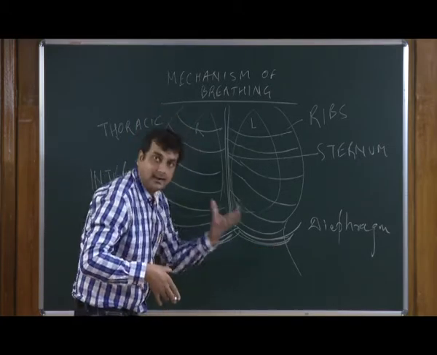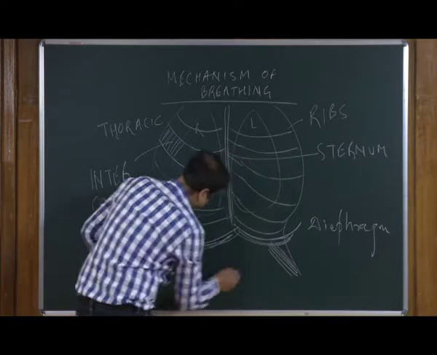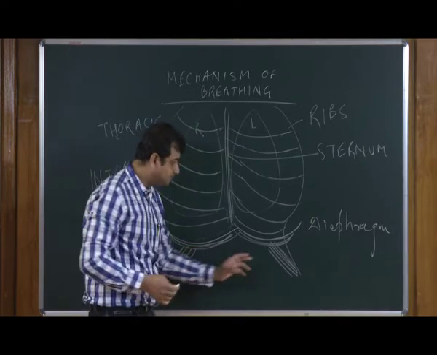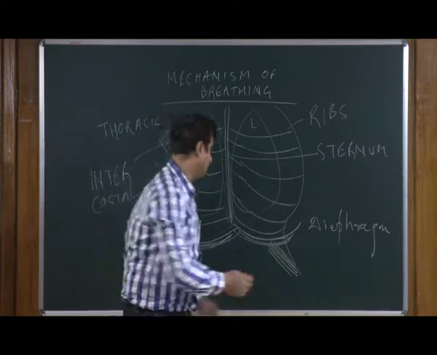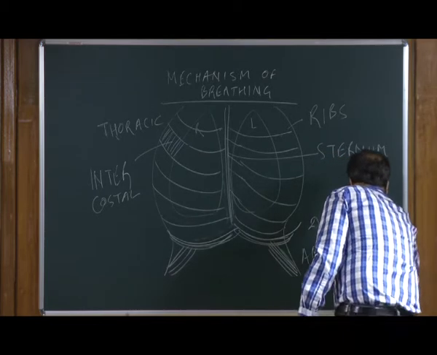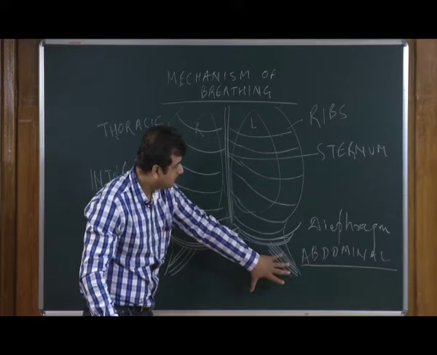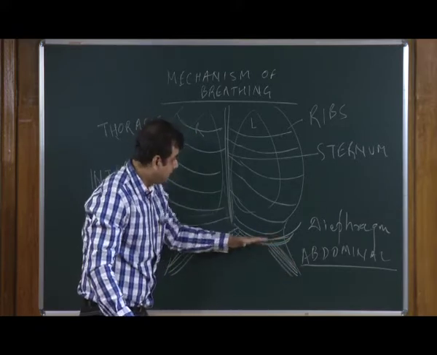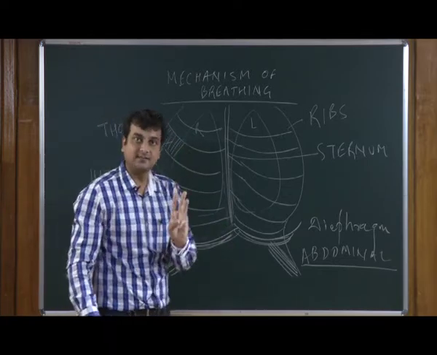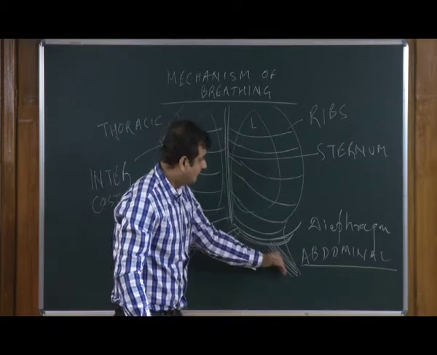There are muscles which are coming from this abdominal side, from the bottom area, and these are called abdominal muscles. So, there are three muscles involved in this whole process: the intercostal muscle, the diaphragmatic muscle and the abdominal muscle.